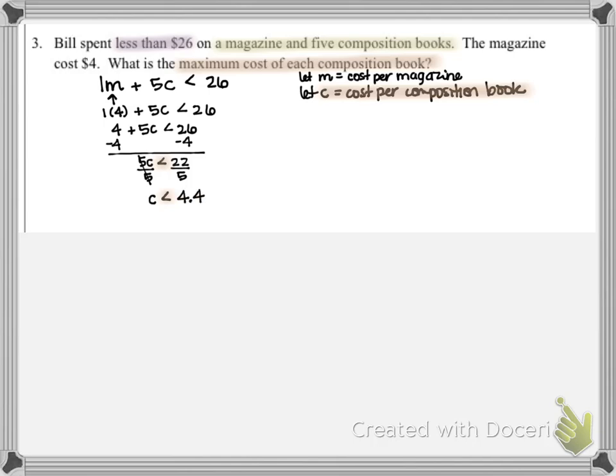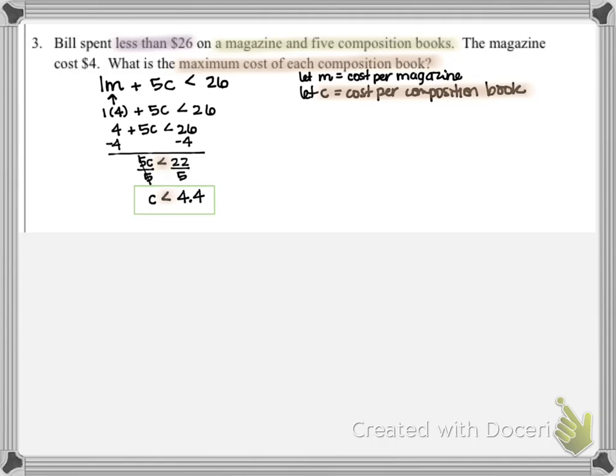So 4.4. Since I didn't set up an equation for this and just went straight to the punch on the inequality, I should now be able to answer the question. It's basically saying down here in my statement that the cost of each composition book, C, is less than 4.4.